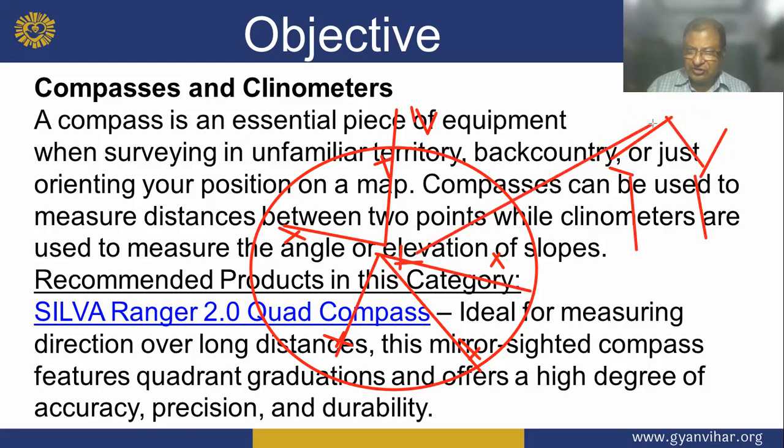So a compass should not measure like this because there is an elevation available. Today, you will read about horizontal and vertical angle measuring instruments.